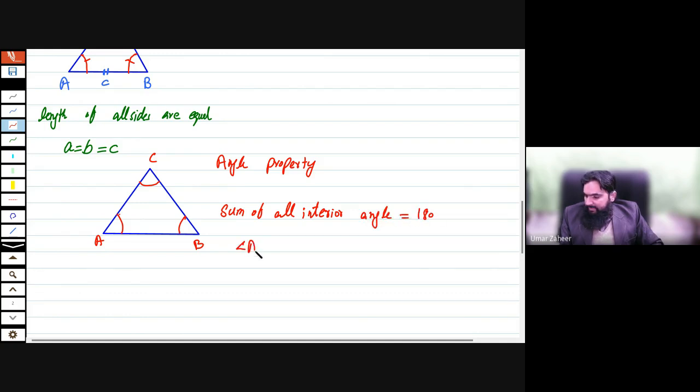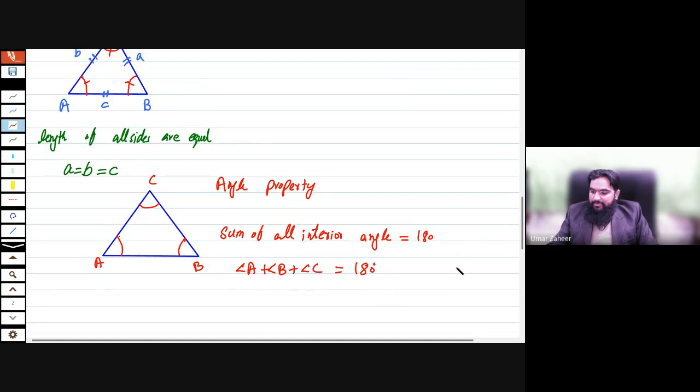Means angle A plus angle B plus angle C is equal to 180. So obviously two angles can't be 180, because 180 is a straight line. I hope it is clear.